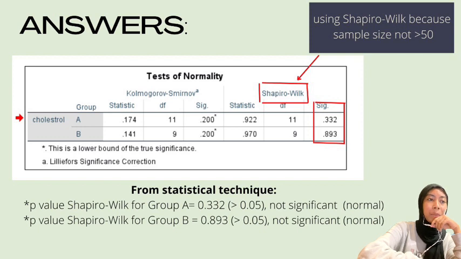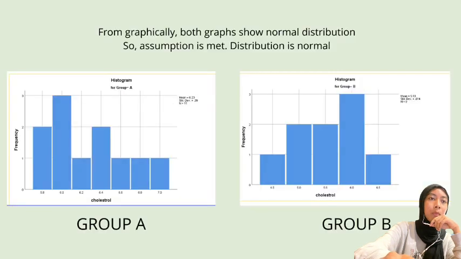Then for group B, the p-value of Shapiro-Wilk is 0.893, which is more than 0.05. So it is the same as group A. It is not significant, and we can say it is normal.